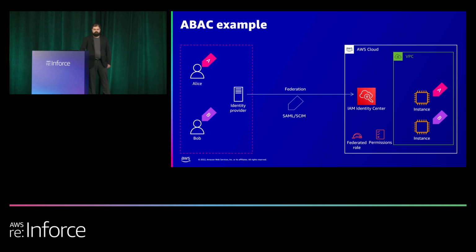In this case, Alice is able to access EC2 instances that have been tagged with Department A. Bob is able to access EC2 instances that have been tagged with Department B. However, because Bob doesn't have a Department A tag, Bob is not able to manage Alice's EC2 instances.